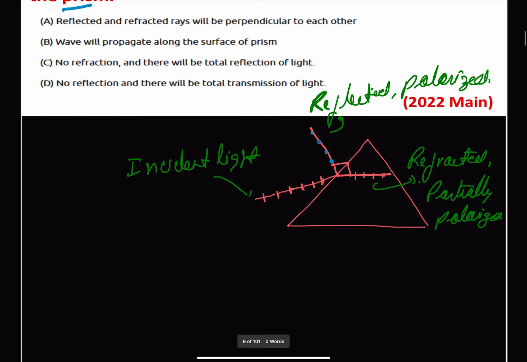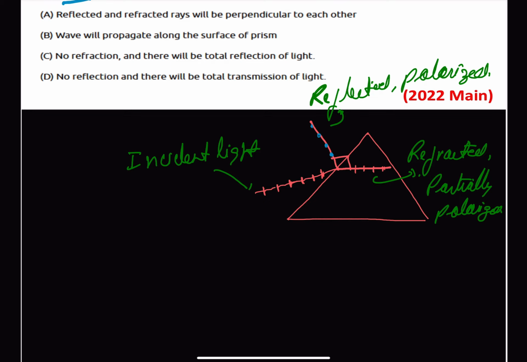And it says that only the electric field vectors of the incident are completely removed. So it means there will be no reflection and there will be total transmission of light through the prism.